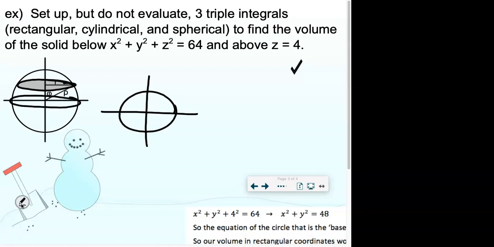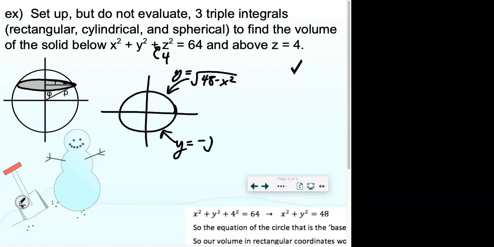We're not at z equals 0. We're at z equals 4. So you need to plug in a 4 for your z. And when you plug in a 4 for your z, you end up getting x squared plus y squared equals 48, right? So you solve for y, and you get y equals the root of 48 minus x squared, and y equals negative the root of 48 minus x squared.